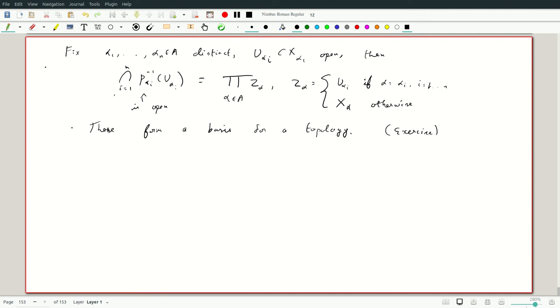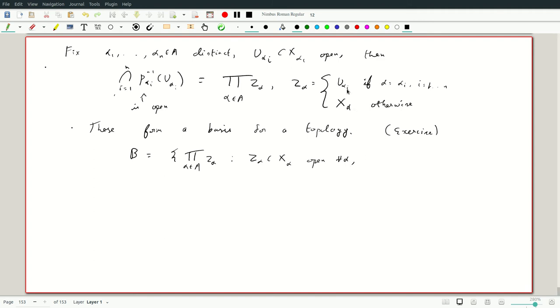Maybe let's look at some details, namely given these form a basis, it's worth explicitly writing out what this is. That is, B is the product over alpha in A of Z alpha, where Z alpha contained in X alpha is open for all alpha.